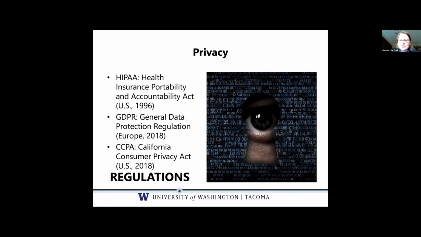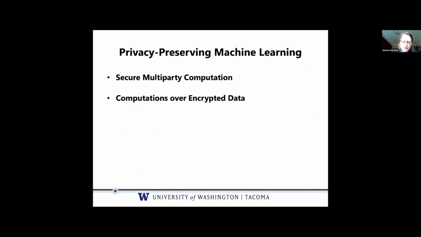And this creates a tension because on one hand, you have all these beautiful machine learning applications that we enjoy to use. And on the other hand, you have new laws that restrict the use of data. And even without laws, we may ourselves feel uncomfortable about disclosing our personal information to companies.